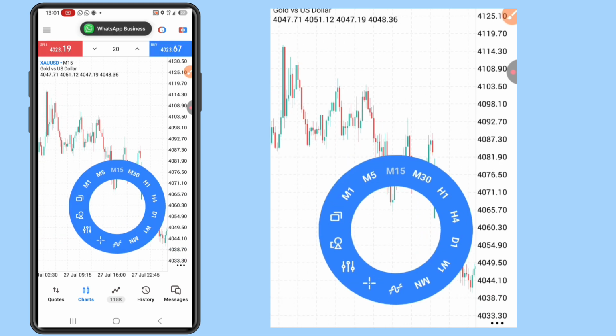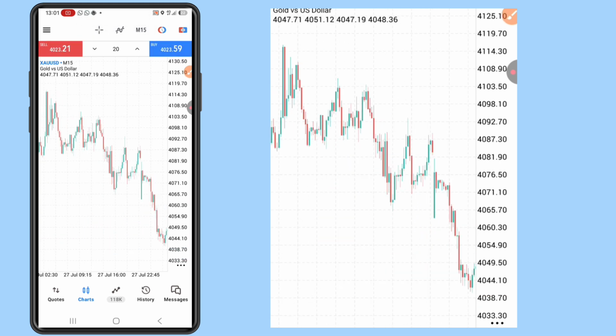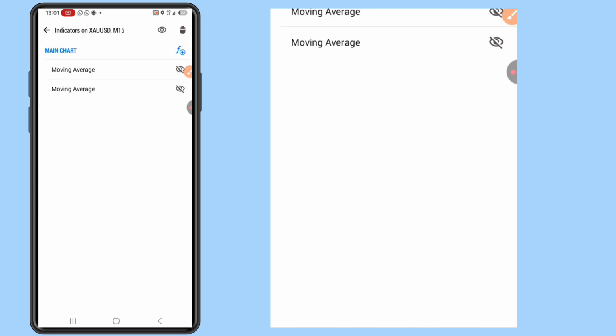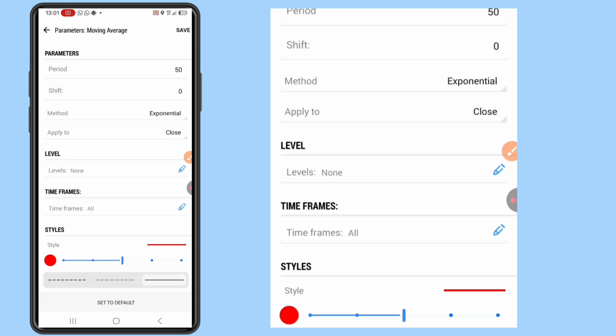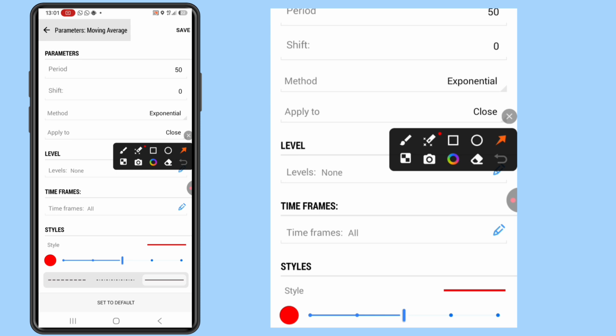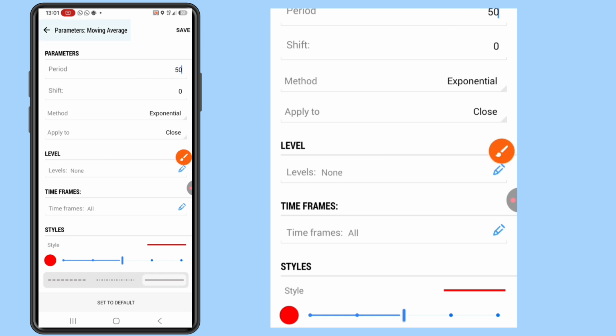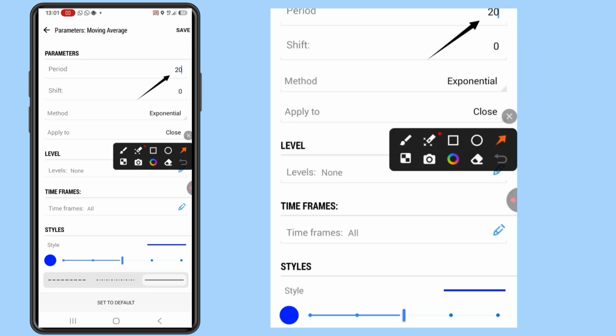So secondly, this is what I use. I basically use the moving average, and I use EMA, which is of course defined as the exponential moving average. I always use the exponential moving average 50, and I also use the exponential moving average 20.